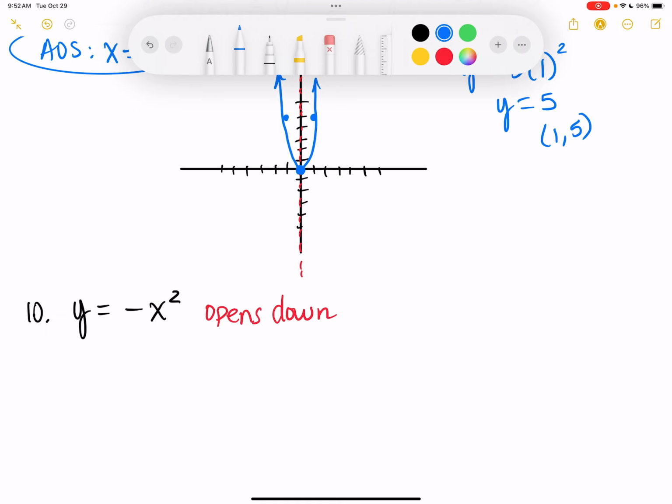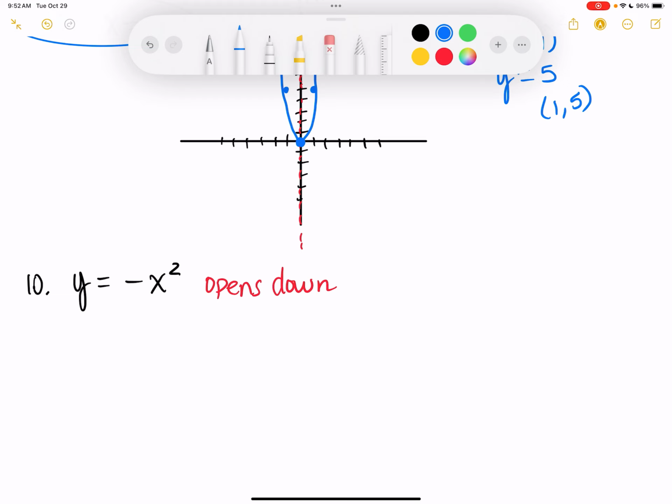So I need to find my axis of symmetry, which is at x equals minus b over 2a. So 0 over 2 times negative 1, which is 0.